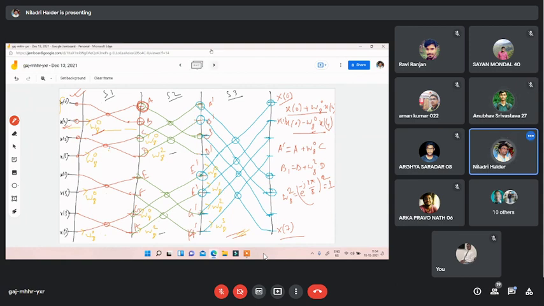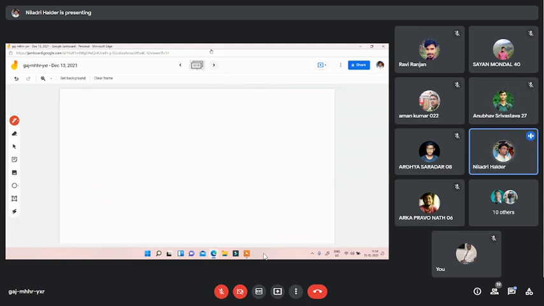So first try that process by using 4 values. Suppose xn is given as 1, 2, 3, 4. For this case, try. It will be a small butterfly diagram, so try for this case at your home. Then try for 8.